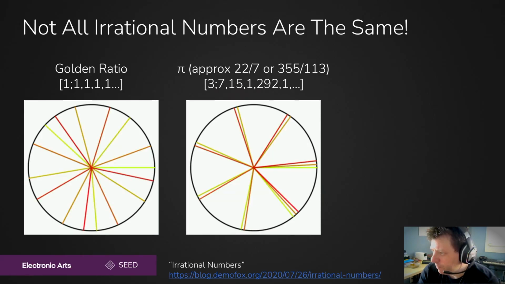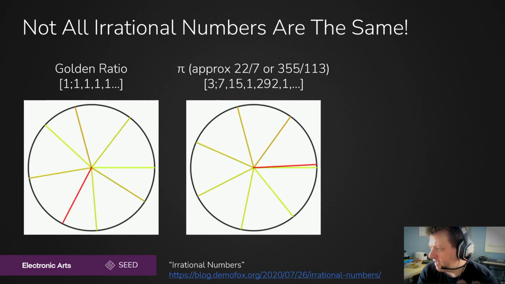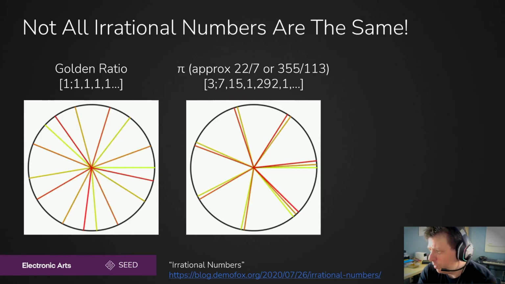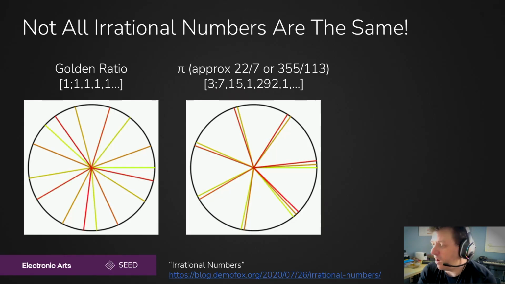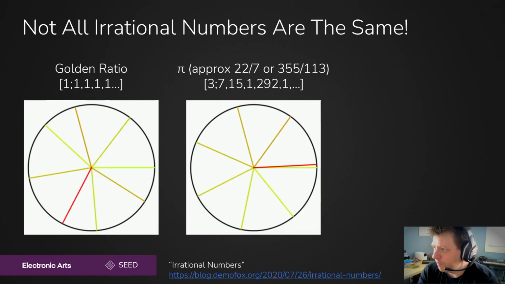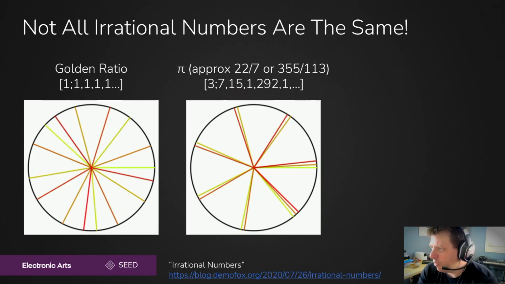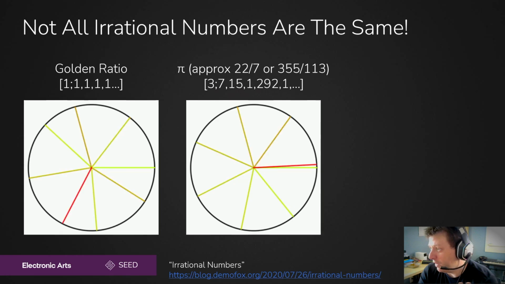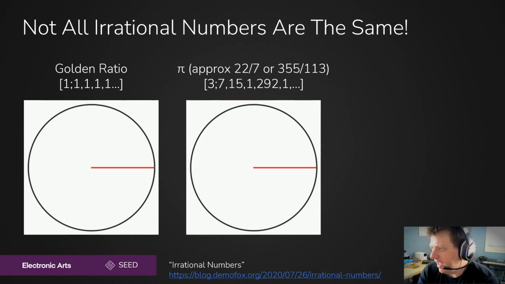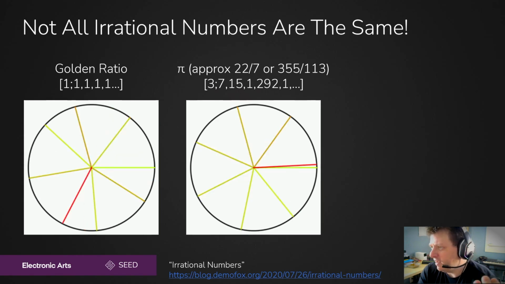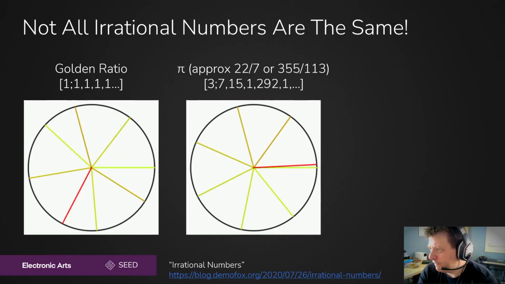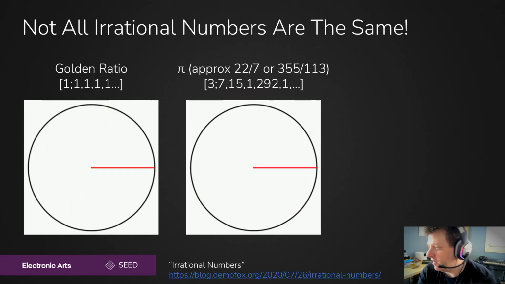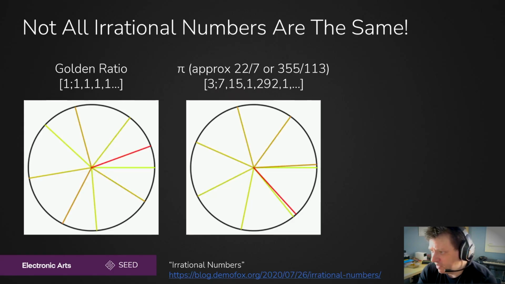And that it nearly repeats every 7 steps speaks to why the fraction 22/7 is such a good approximation for pi. And similarly, 355 divided by 113 is even better. And in the continued fraction, these two correspond to the 15 and the 292, respectively.